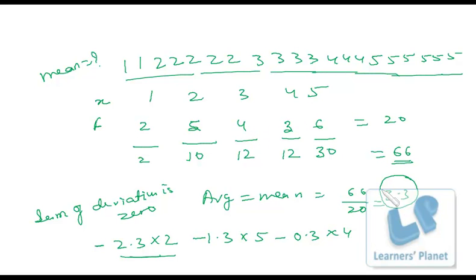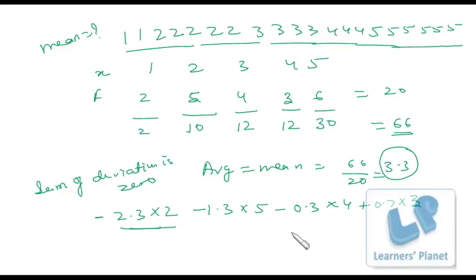Then here 4, so the deviation is now positive 0.7, and the frequency is 3. Plus it is 1.7 into 6, right? If you calculate this expression, you'll be getting 0, right? The sum of deviations is always 0, and this funda we are going to use to solve the problems.